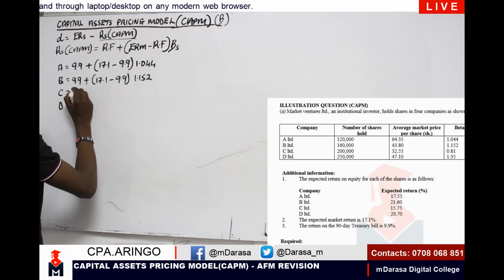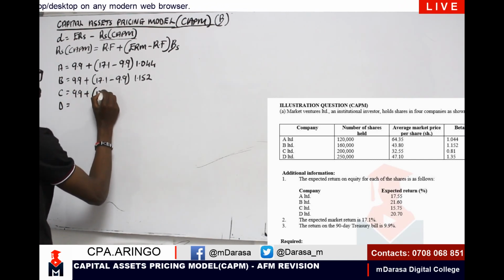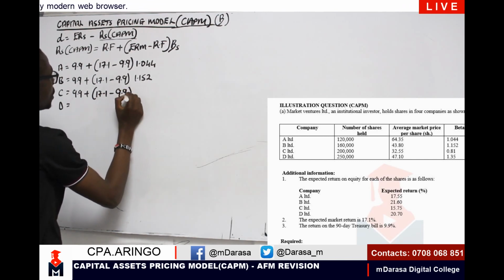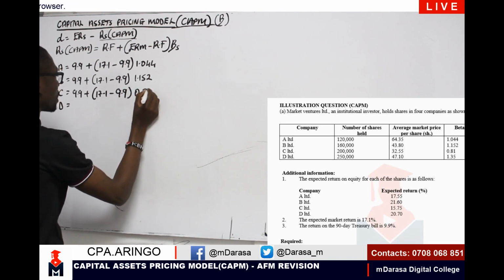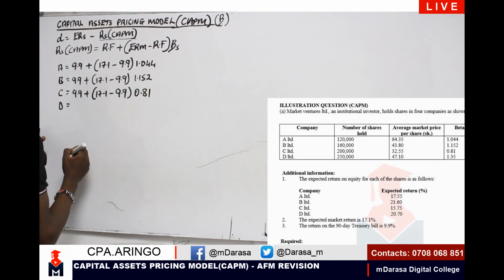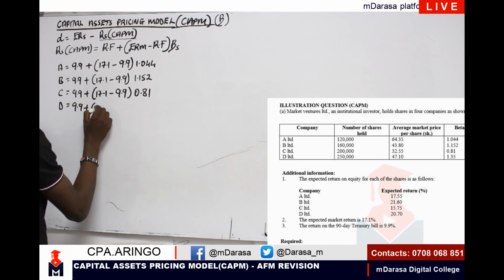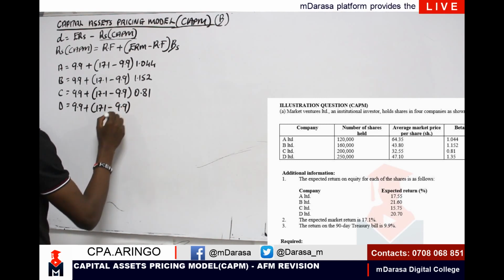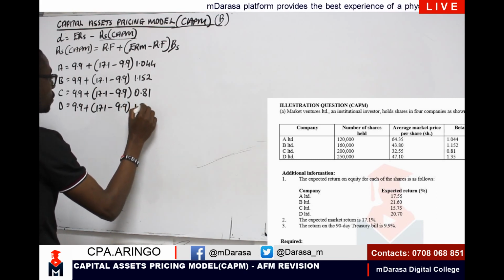We should be having C, 9.9 plus 17.1 minus 9.9 times 0.81. That is the beta of investment C. Then 9.9 plus 17.1 minus 9.9, beta coefficient of investment D, I'm given 1.35.